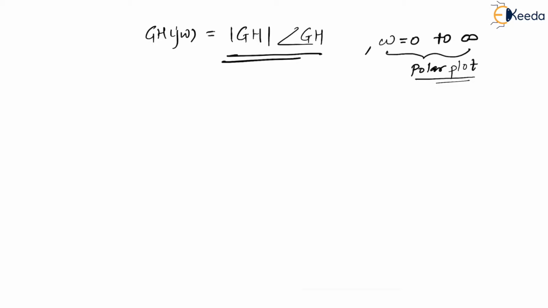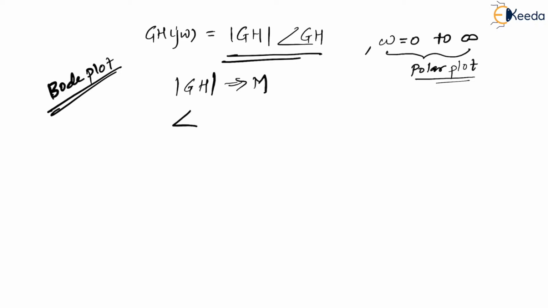Now what is a Bode plot? Let us try to understand that. See dear, the Bode plot is the variation in magnitude, which is mod of GH, also shown by M, and the angle of GH, also given by phi.